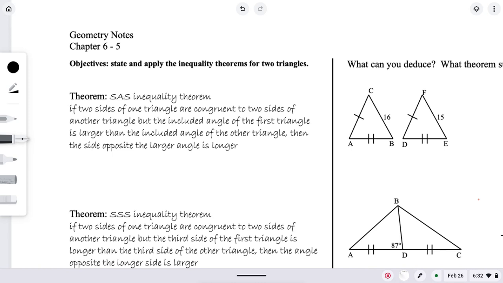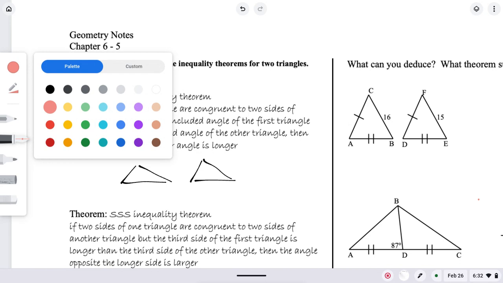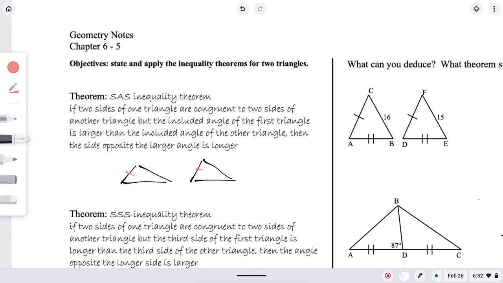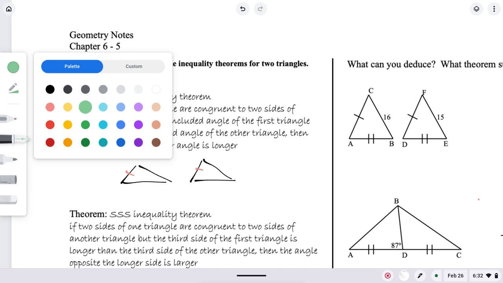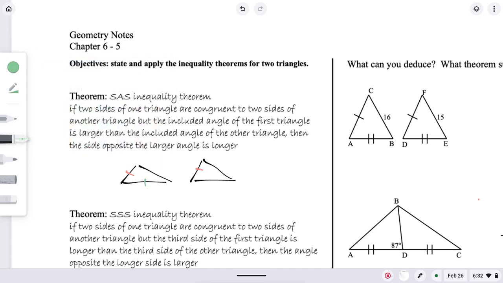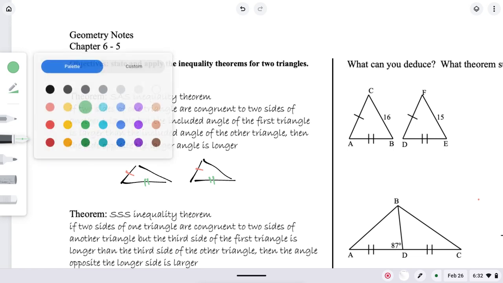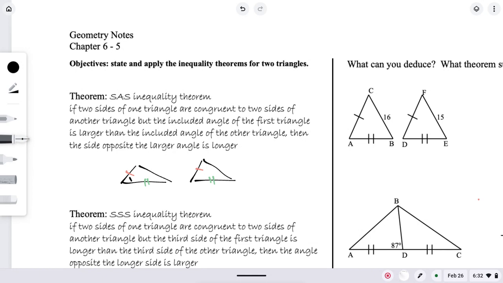So if I have two triangles, this triangle and that triangle, and I assume that these two sides are the same length, but angle number 1 is smaller than angle number 2, or vice versa. Angle number 2 is bigger than angle number 1.